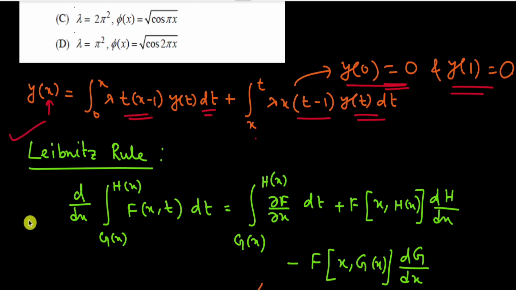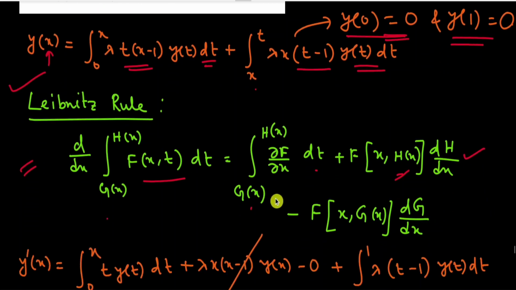Now Leibniz rule says that d/dx of the integration from g(x) to h(x) of f(x,t) dt equals the integration from g(x) to h(x) of del f by del x dt, plus f where the second variable is replaced by the upper limit times the derivative of the upper limit, minus f(x,t) where the second variable t is replaced by the lower limit times the derivative of the lower limit.